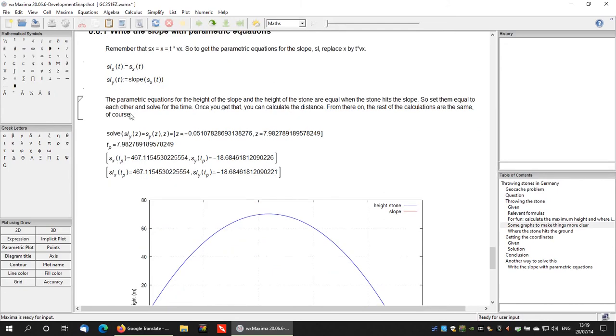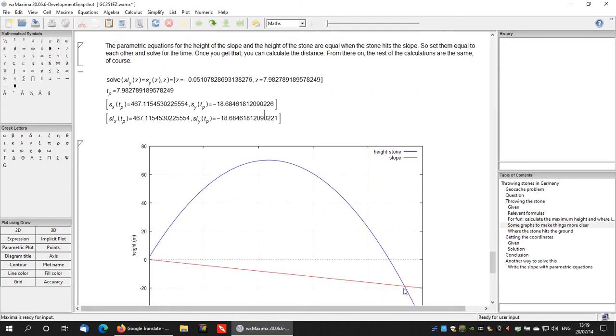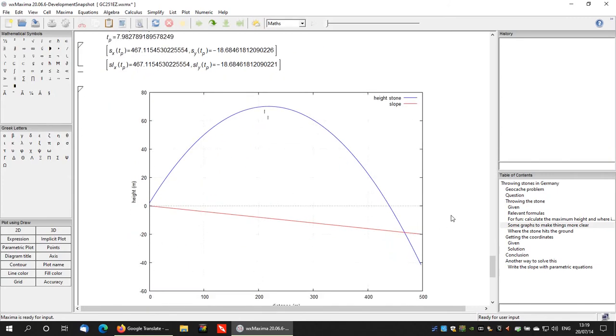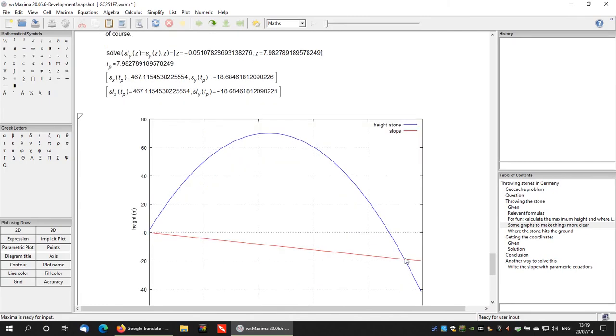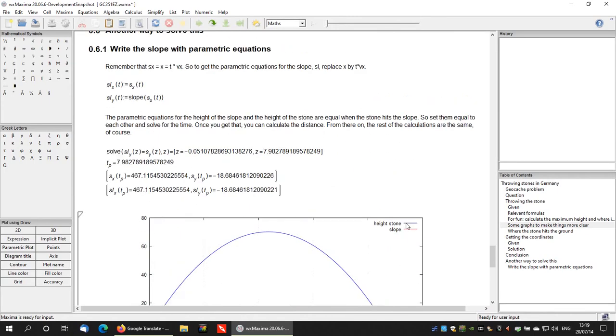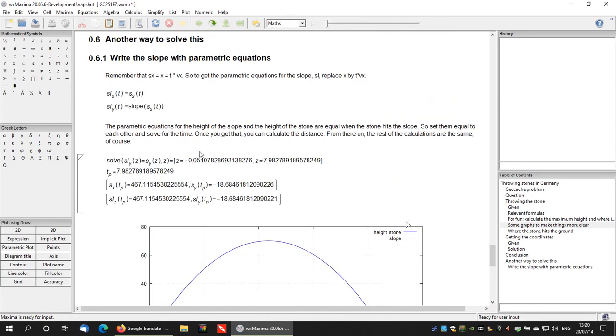And then of course the heights of those two must meet. Here you see the parametric plot, so sy and sy of the slope must meet here, and if they do, we can calculate the time where that happens. So we solve the slope y value for time.